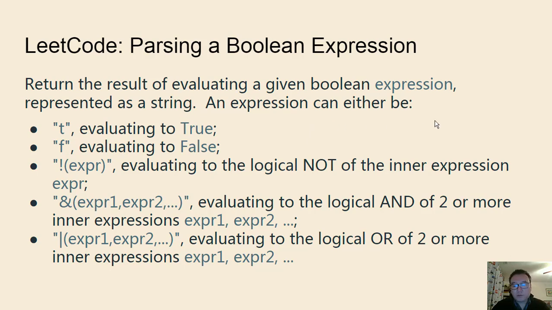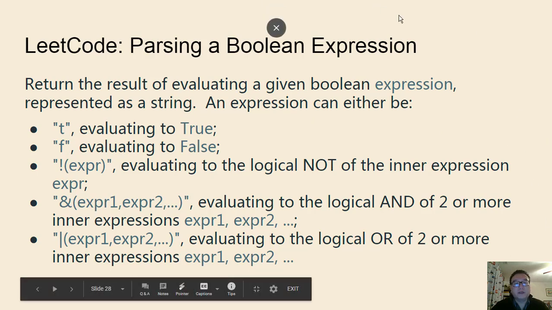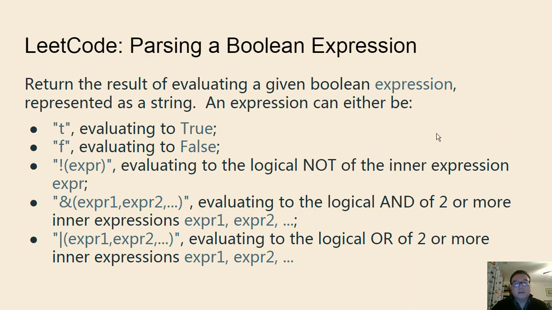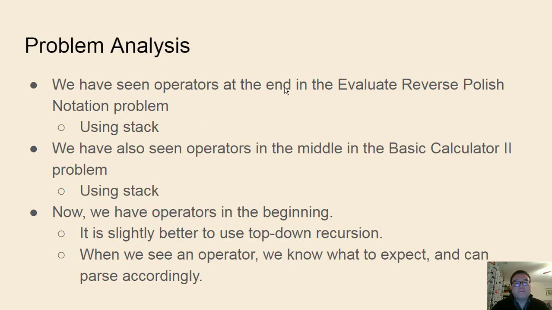So far we've seen at least 3 different problems where we evaluate an expression. Expressions have operators, and they differ in where the operators are in relation to the operands.